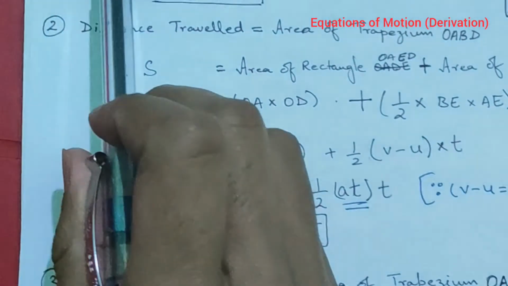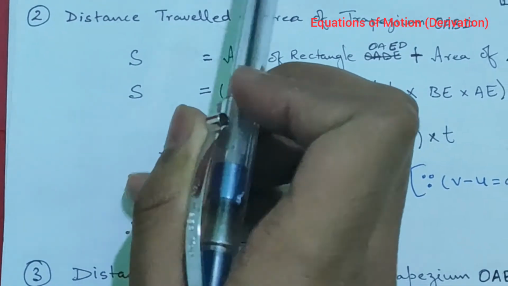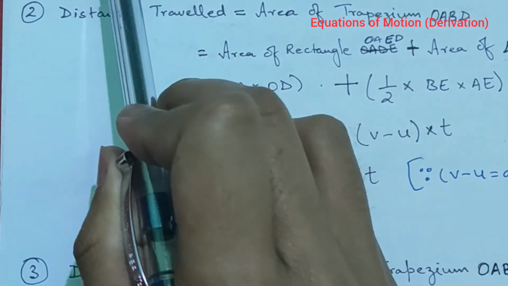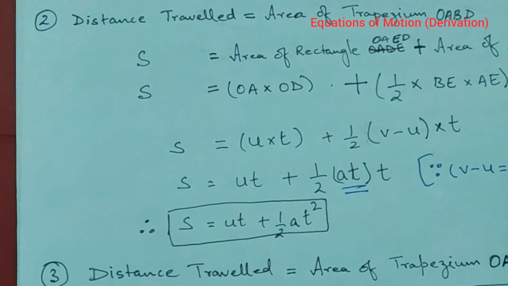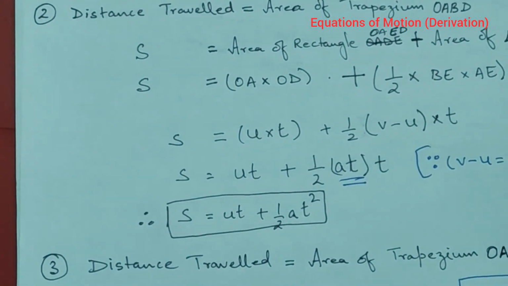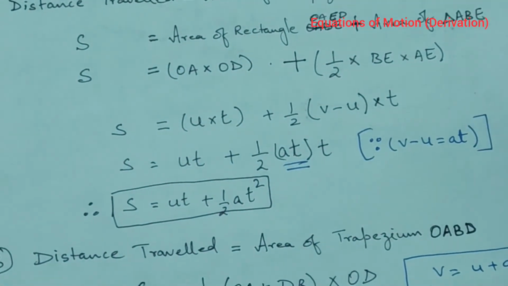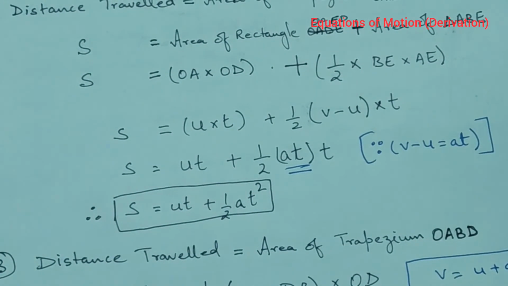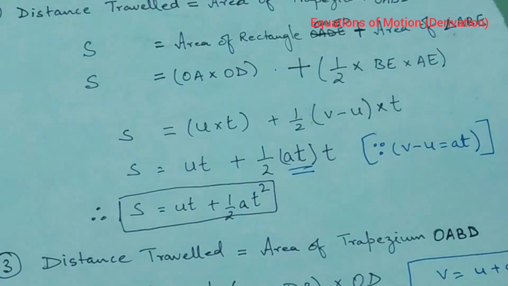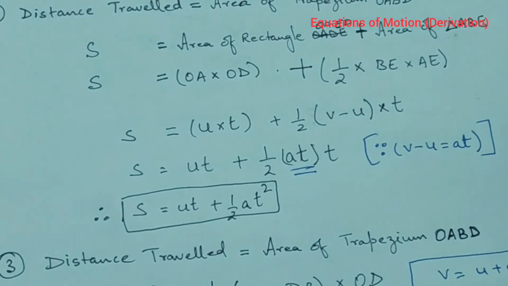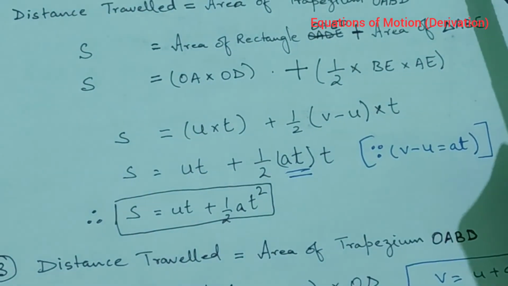So acceleration is equal to the slope of line AB, which is BE upon AE. Now BE is the same as AC and AE is the same as OD, which is the time duration t.